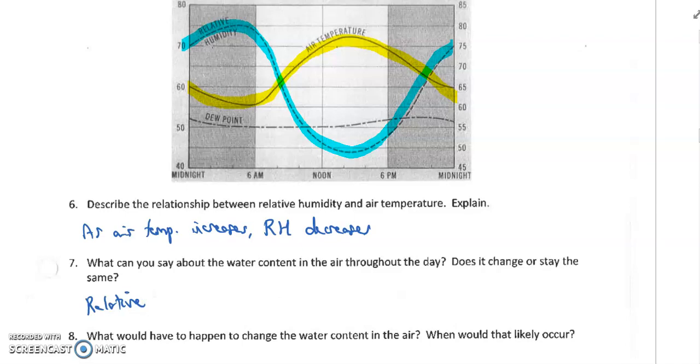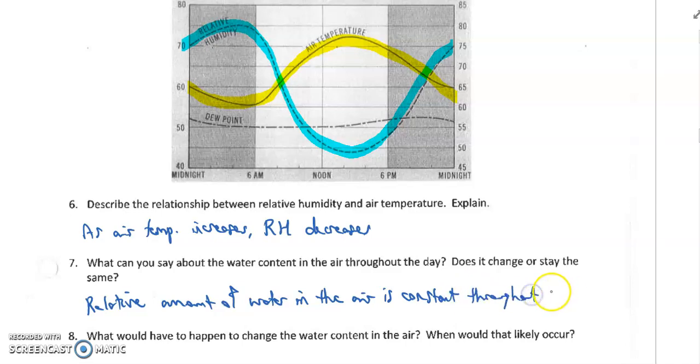I'm sure we've all gone outside on a very humid day, and you can feel a really high relative humidity. That doesn't usually change from right before lunch to right after lunch. It's more of a constant. So the relative amount of water in the air is constant. And again, we'll talk about this more, I could say throughout the day, if I want to get a little bit more specific.